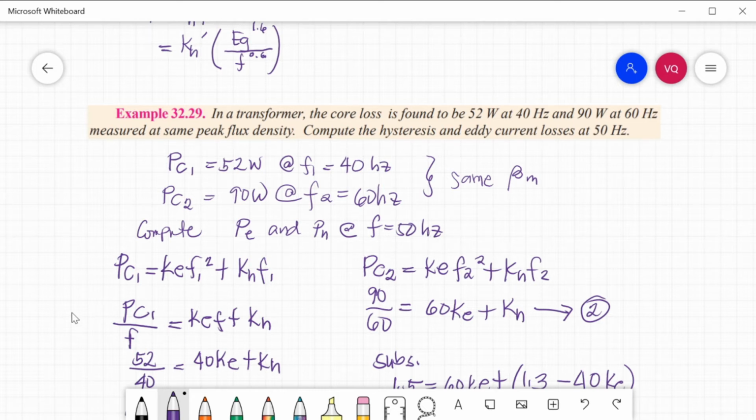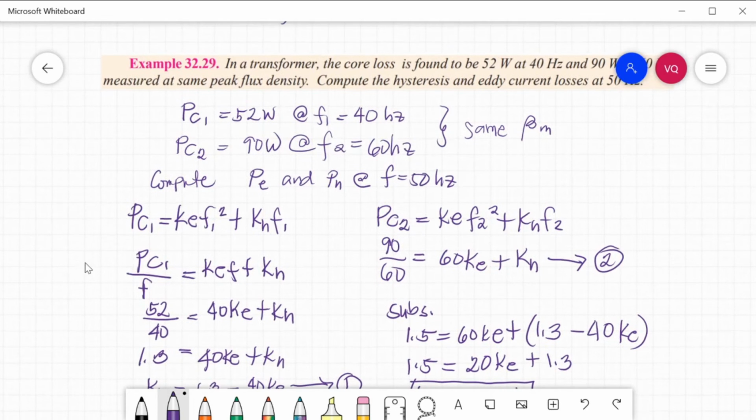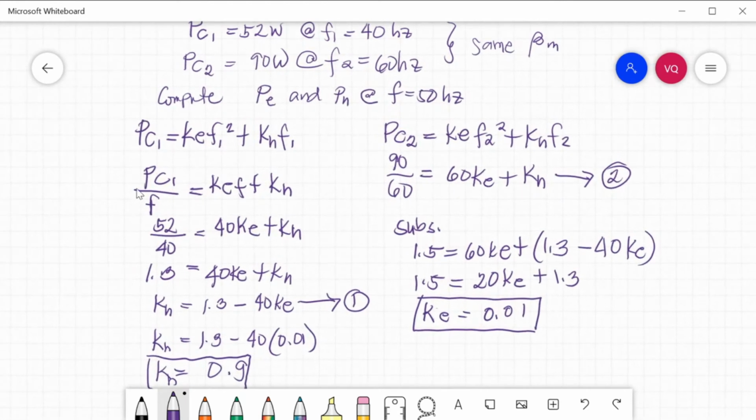In our formula, the core loss is equal to the eddy current constant multiplied by the frequency squared plus the hysteresis constant multiplied by the frequency. If we simplify this equation, we get PC1 divided by F equal to KE F plus KH.